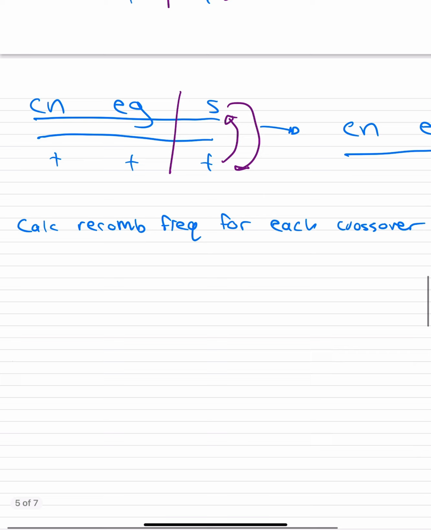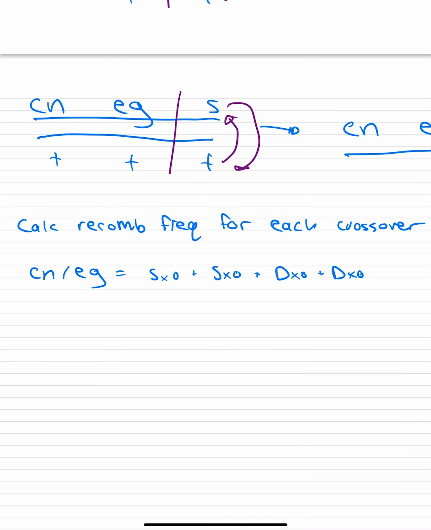So for a crossover between CN and EG, the way to calculate this is you want to put the single crossover and add it with the other single crossover for CN and EG, and you want to also add that with the double crossovers. So you're adding in all the crossovers that have occurred between CN and EG.